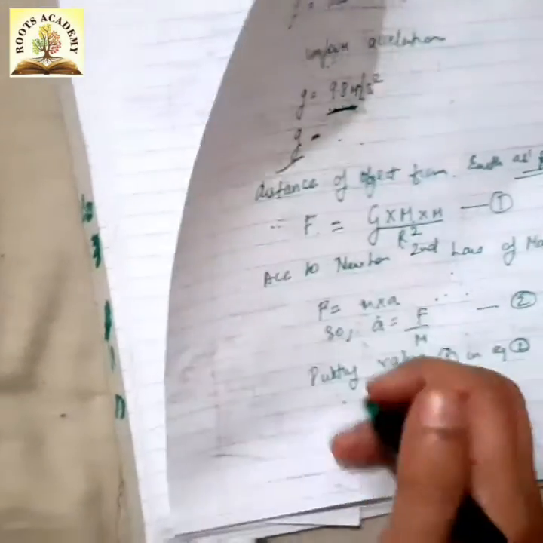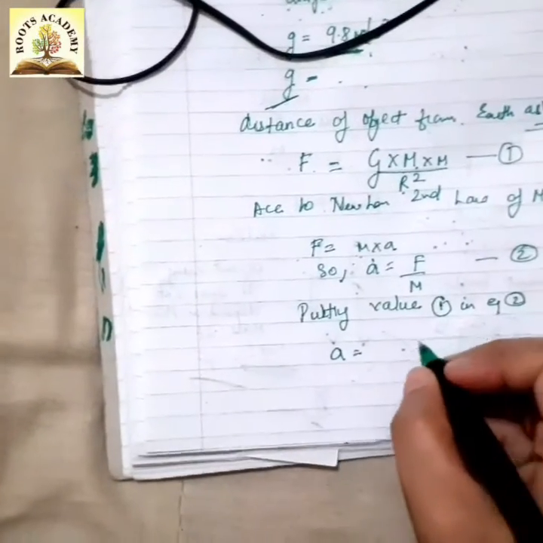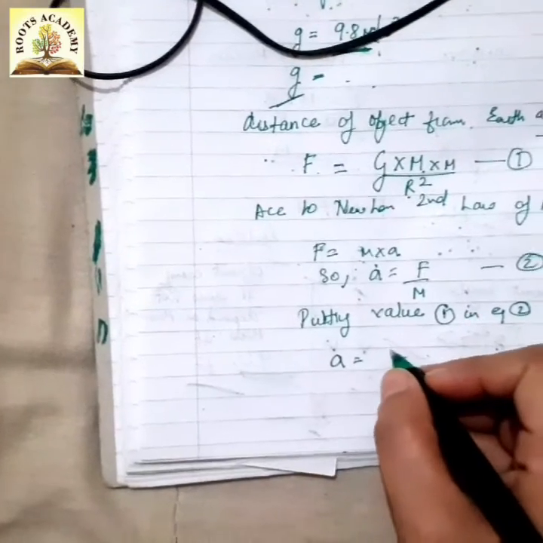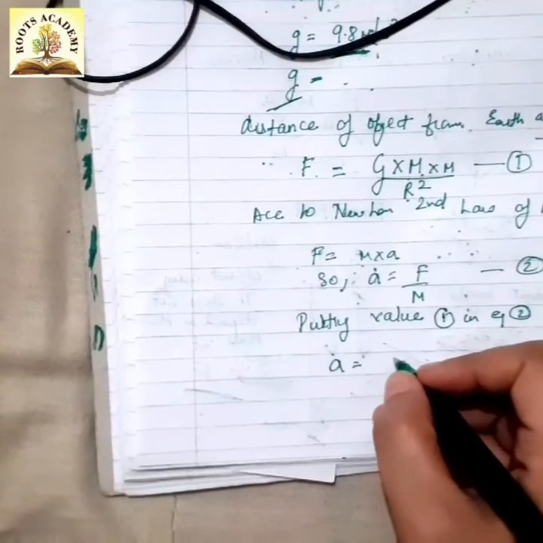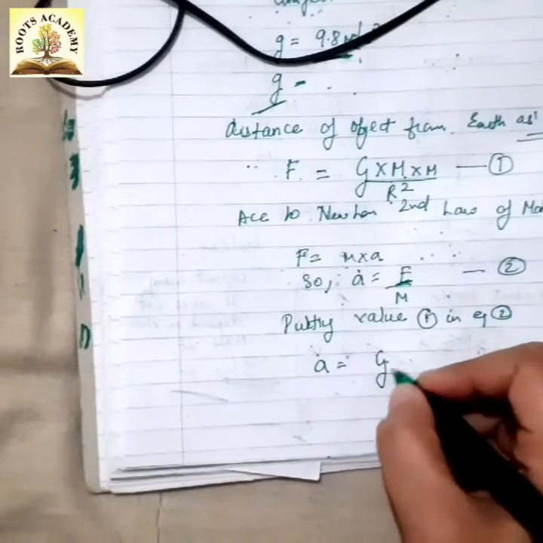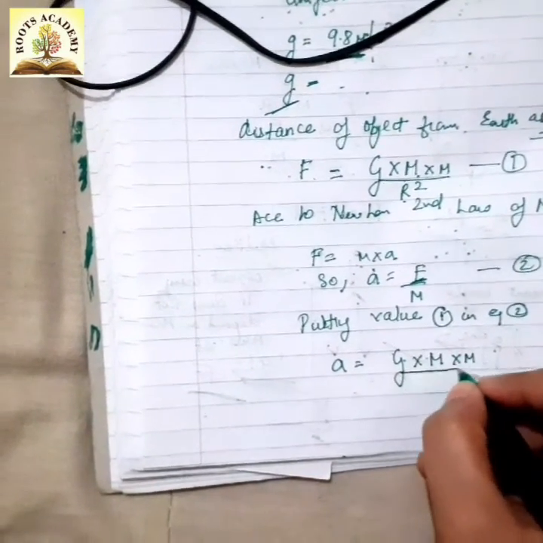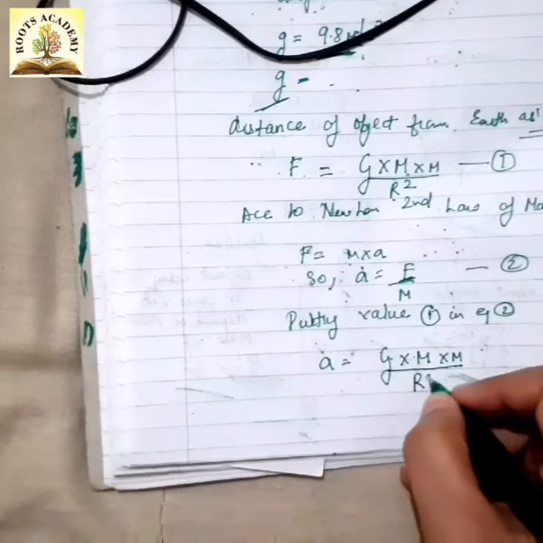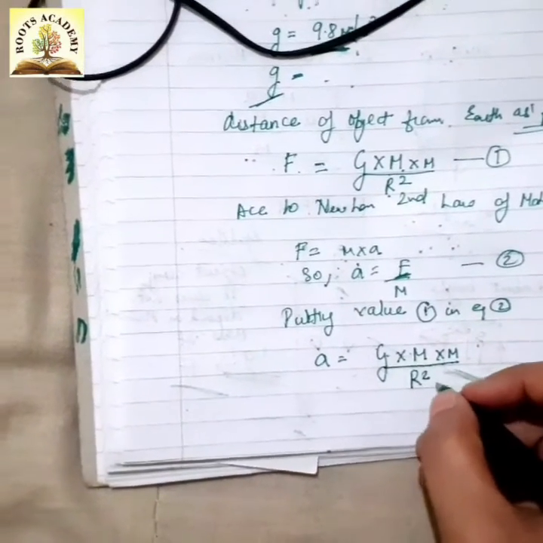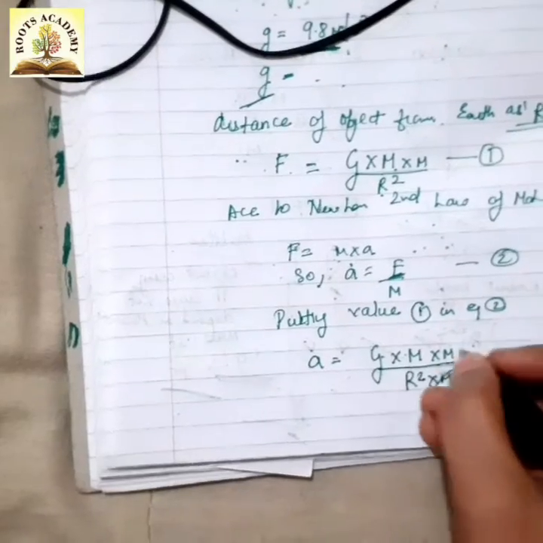So let's see, a equals F. What is the value of F? See, this is the value: G times capital M times small m over R squared, and m gets cancelled.